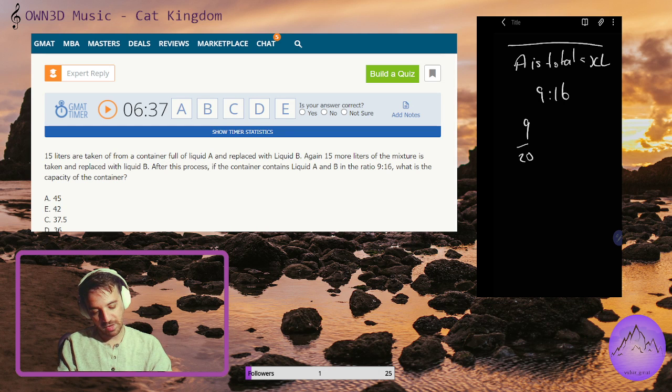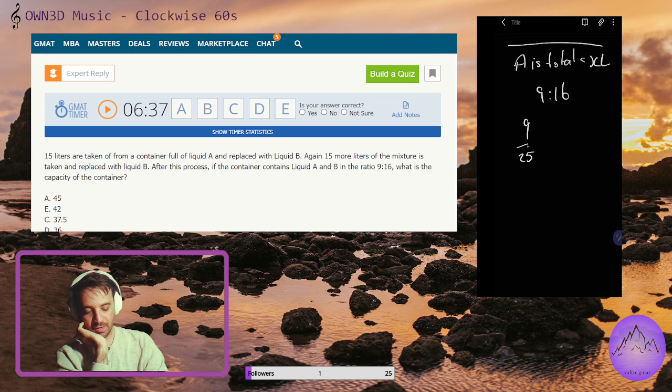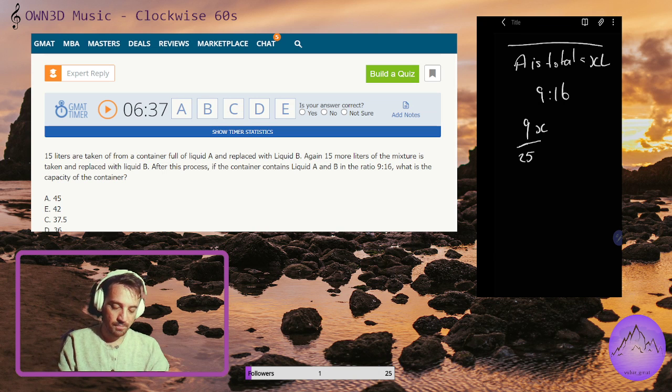So 9 over 25 is how much A will have. But 9 over 25 of the total volume, and the total volume is just the original volume, which is X. So at the end, we'll have 9x divided by 25 of A.